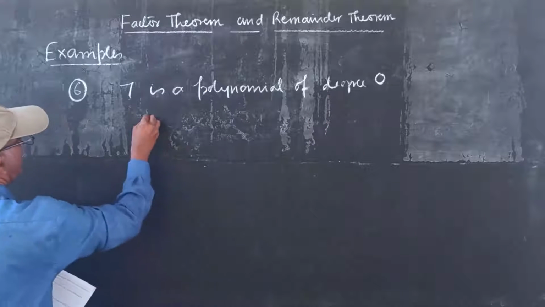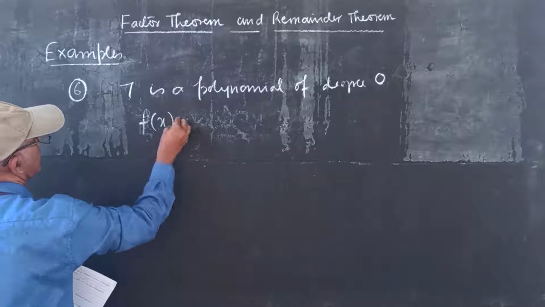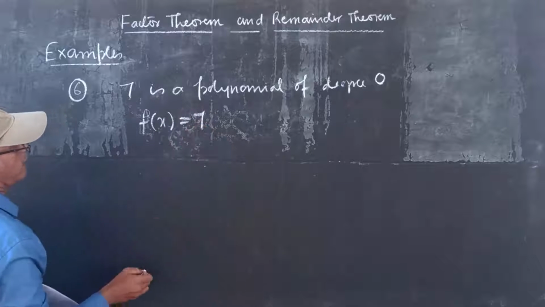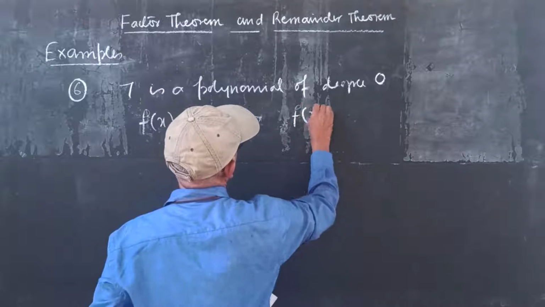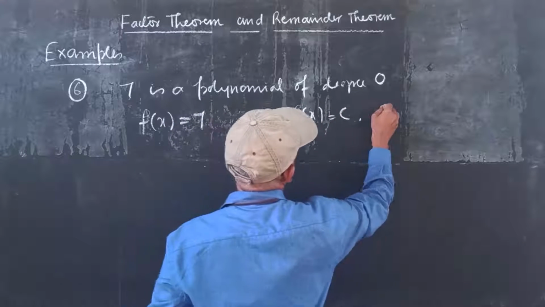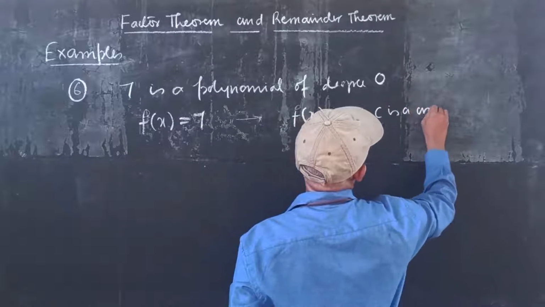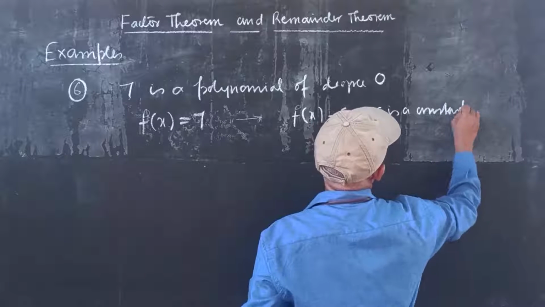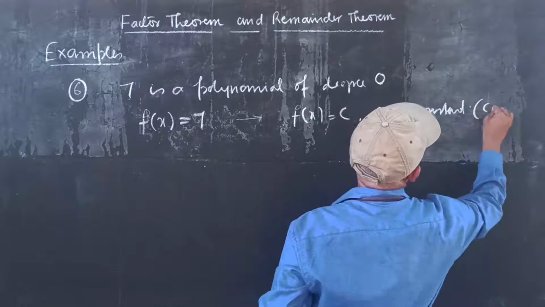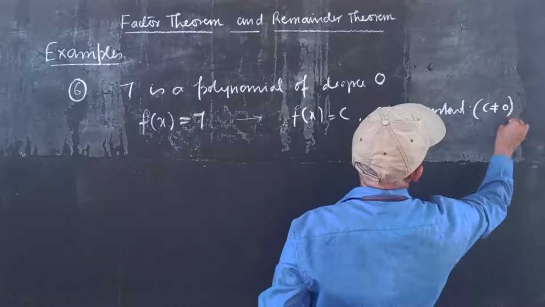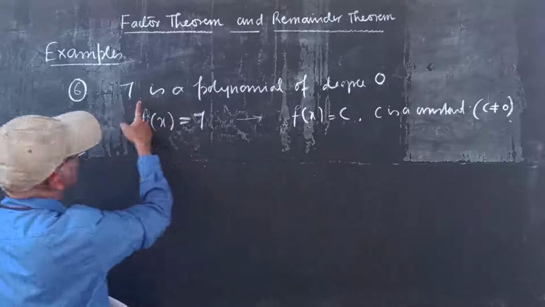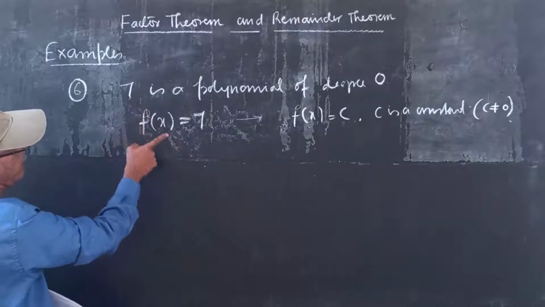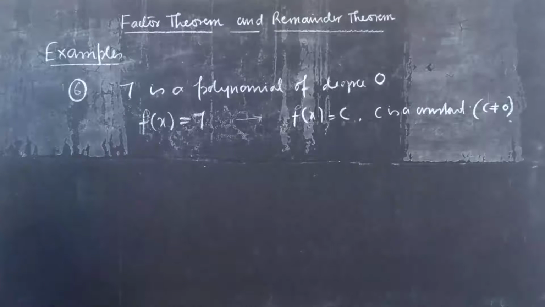So we denote it by f(x) is equal to 7. In general we write f(x) is equal to c, where c is a constant and c not equal to 0. If c happens to be 0, it will not be a constant polynomial, it becomes a zero polynomial.